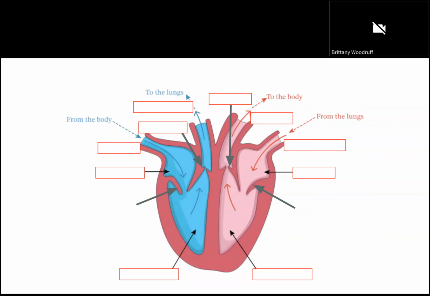You have your superior and inferior, what are they called? Vena cava. So you can just abbreviate it SVC and IVC. Is this the right side or the left side of the heart? Right. Upper things are called what? Atria. So this is going to be your right atrium.